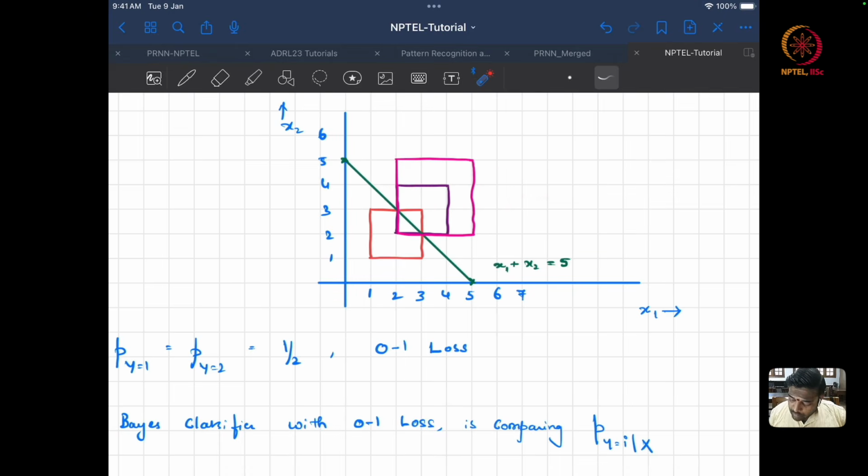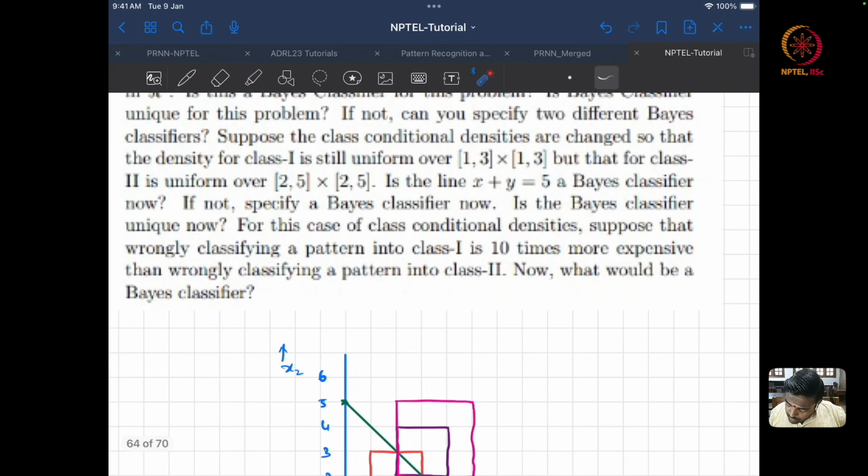Now what about the Bayes classifier? This is the Bayes classifier because we obtained it by comparing the class conditionals.